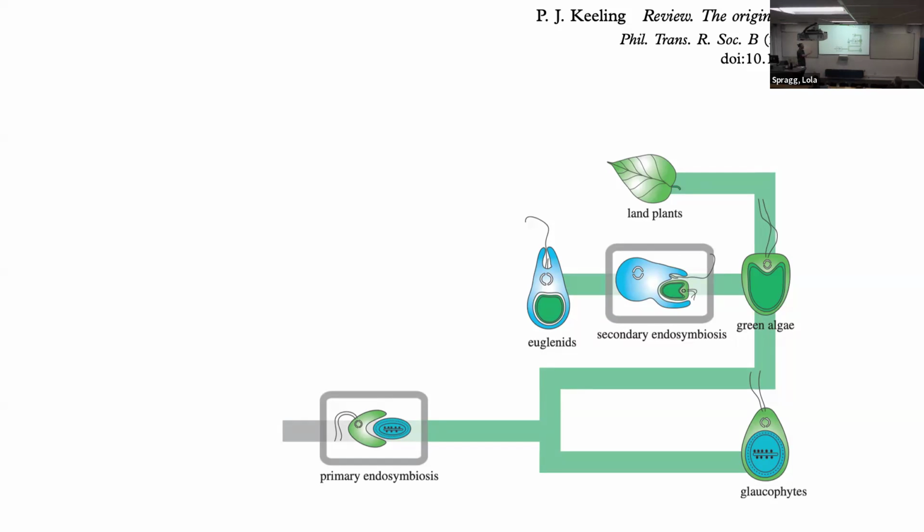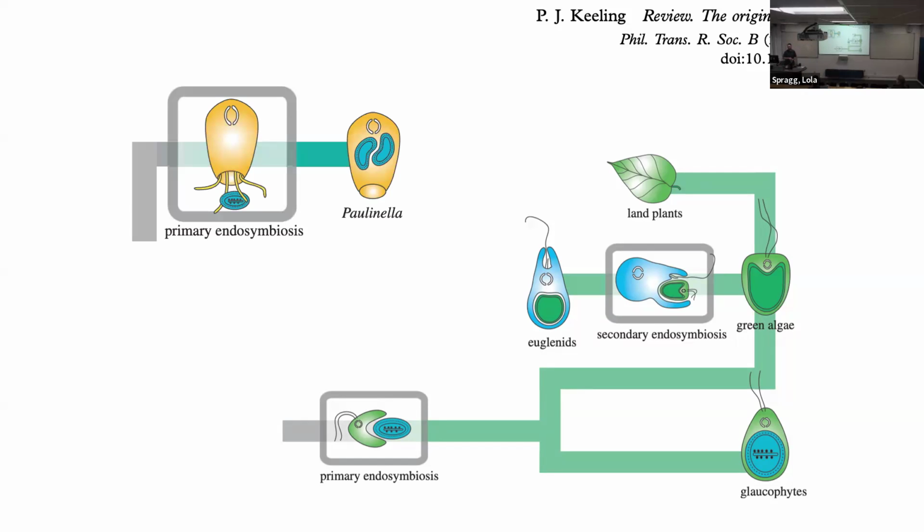Anyway, for a long time, it was thought that this primary endosymbiosis happened only once, that plastids evolved only once from cyanobacteria in eukaryotes, until a second example was discovered. Paulinella is an amoeboid. You see it has pseudopods coming out of its test here.